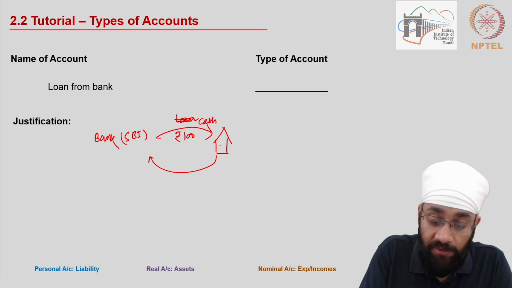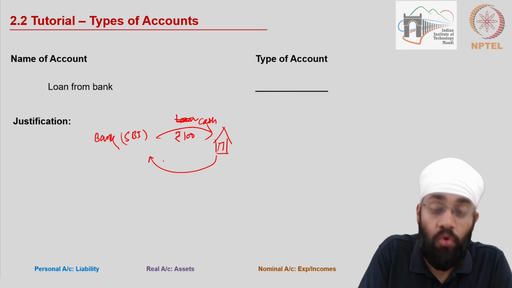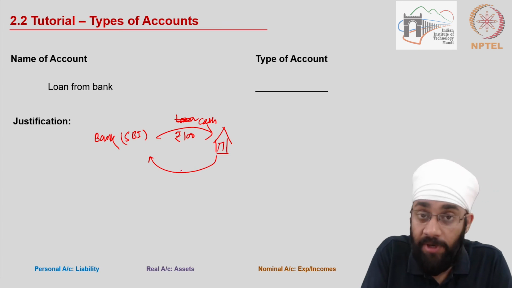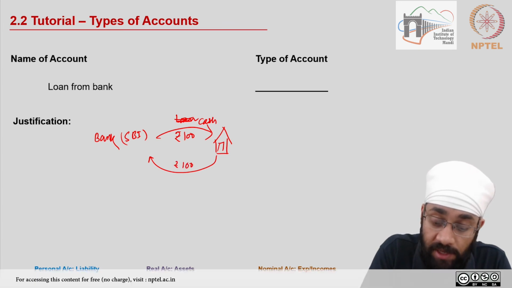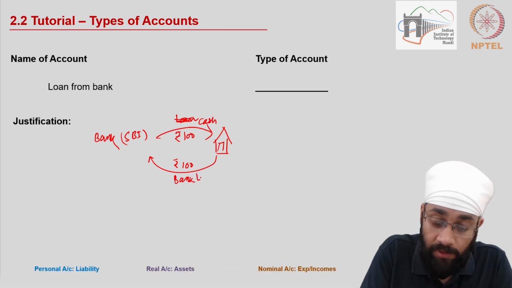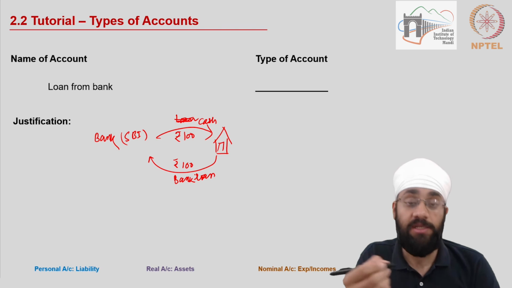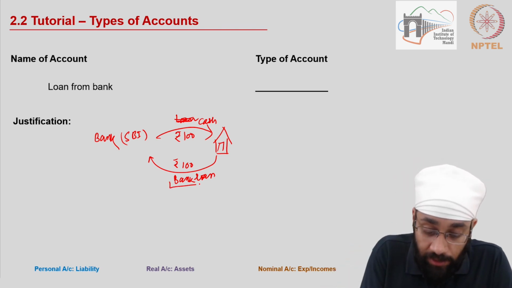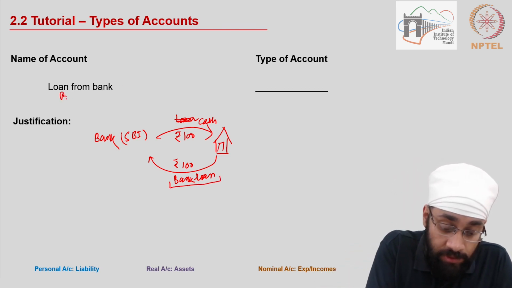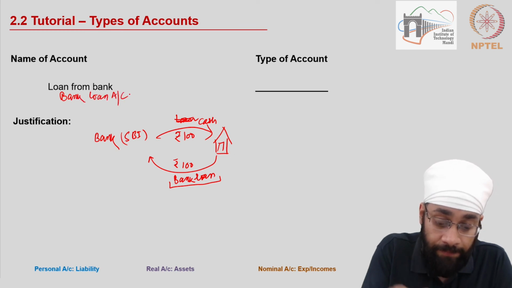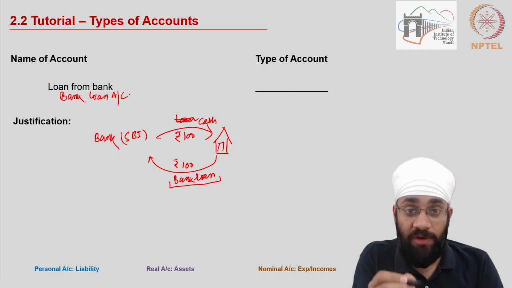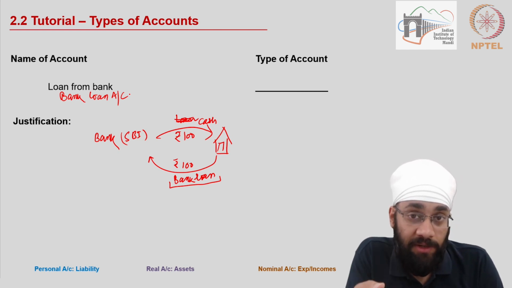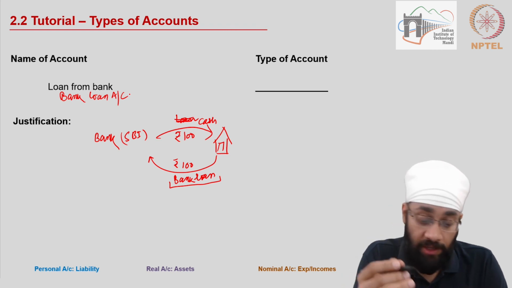And in return, the business now owes the bank, and a liability has been created worth the same amount, and this liability's name is bank loan. This is the transaction that is taking place. So this bank loan account, we could call it the bank loan account, represents the liability that the business has towards the State Bank of India.